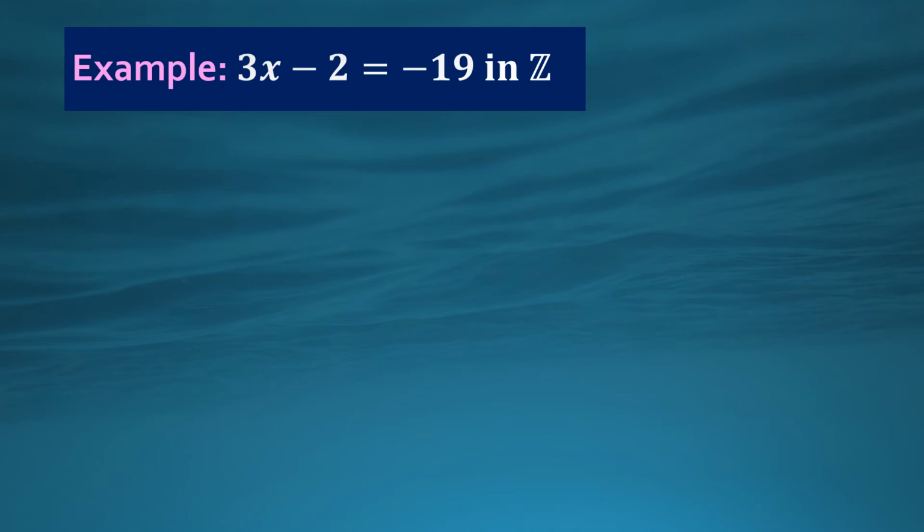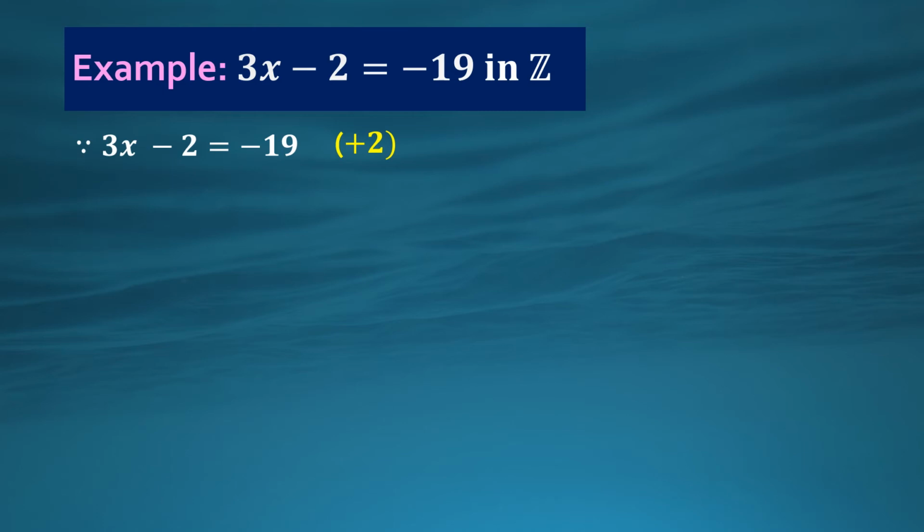Here we have the equation 3x minus 2 equals negative 19. And the solution set here must be in Z. First, here we have minus 2 with 3x.